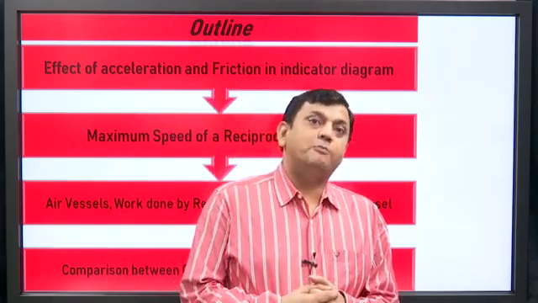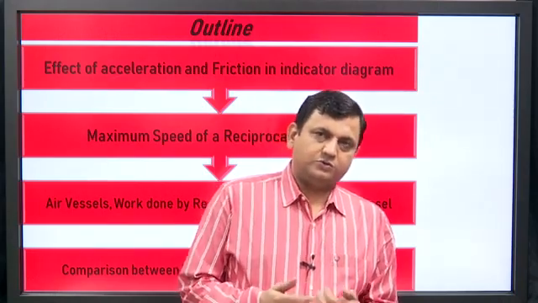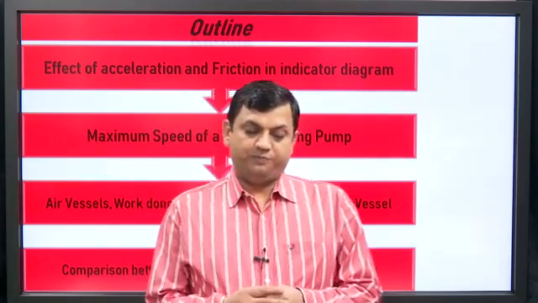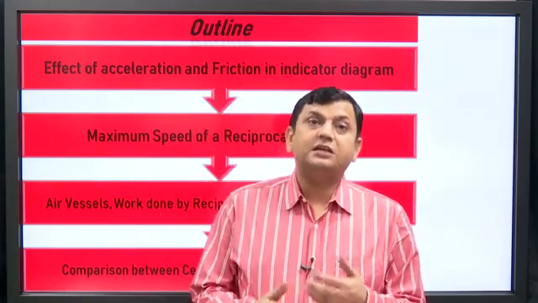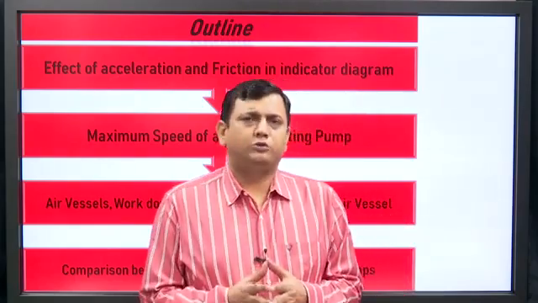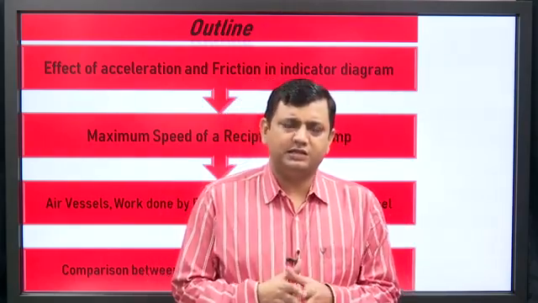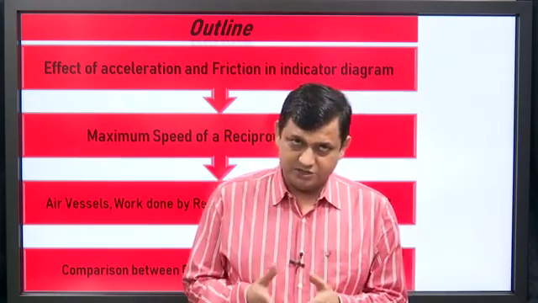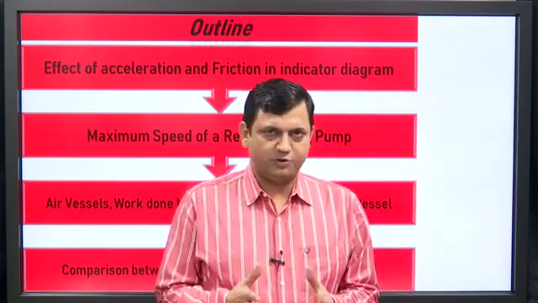One of the main components is power saving, so we discuss air vessels and the work done by the reciprocating pump with and without an air vessel. At last we compare two different types of pump: one is the centrifugal pump, another is the positive displacement pump, that is the reciprocating pump.